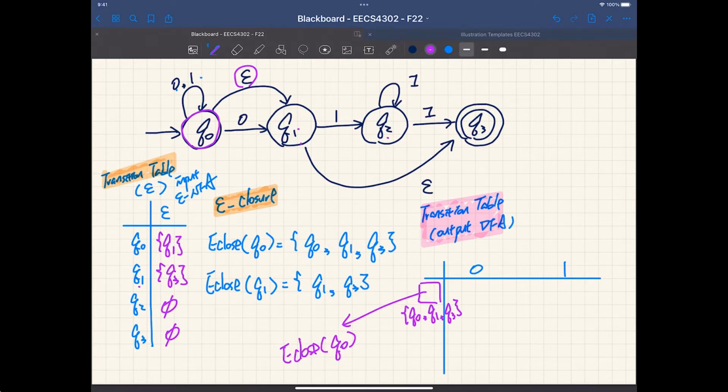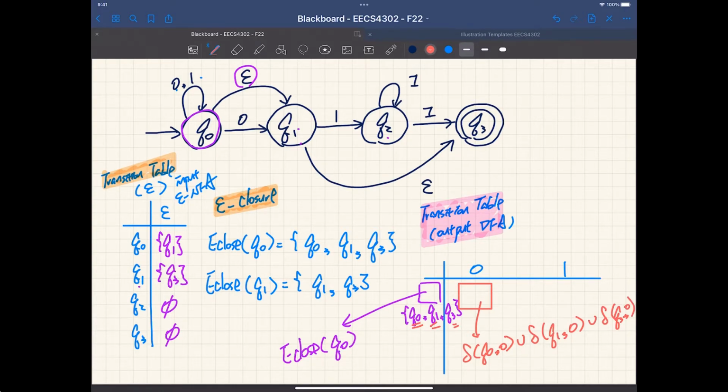So for this entry, it is delta of Q0 taking 0, union delta of Q1 taking 0, union delta of Q3 taking 0.